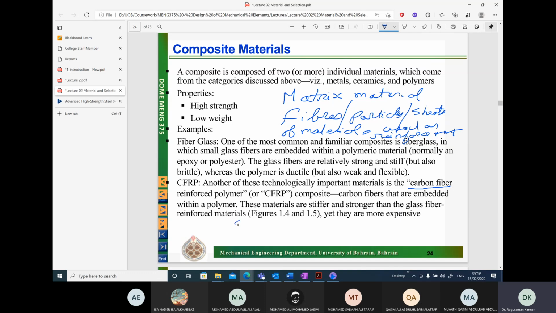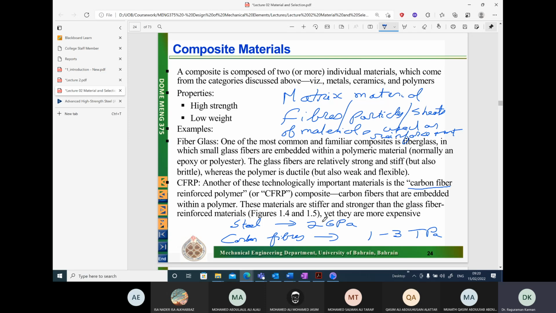See, for steel, you have seen advanced high strength steels can go up to 2 gigapascals. But if you take carbon fibers, the strength goes to 1 to 3 terapascals. That is the strength of these carbon fibers, but they are very expensive materials.